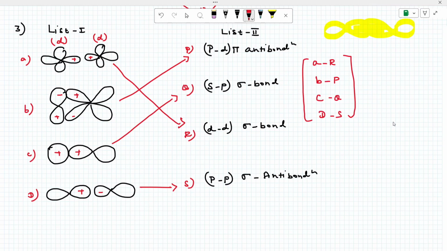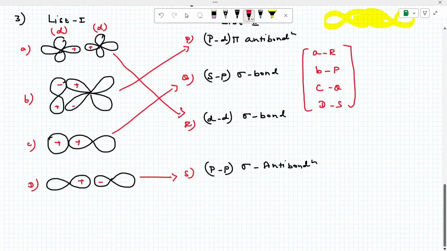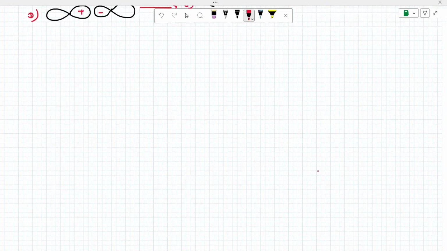Okay, next question. Next question is important and interesting. Question number 4, from the CUET 2020 exam.